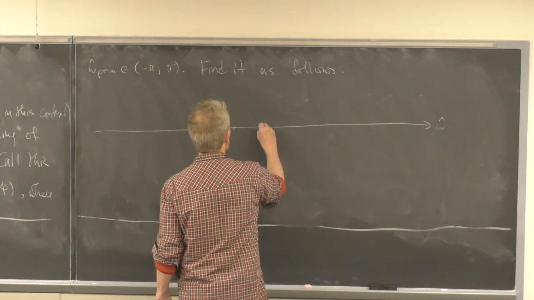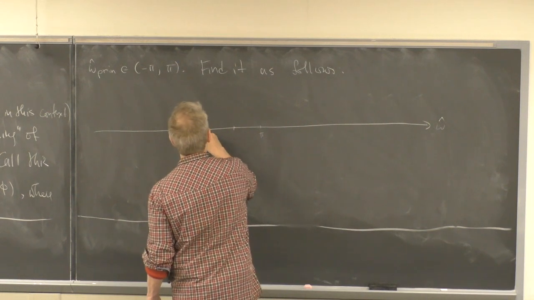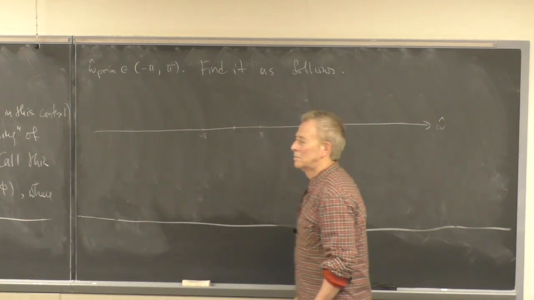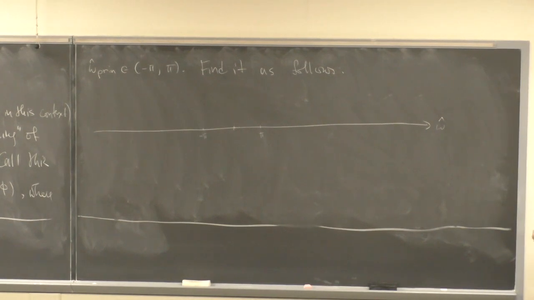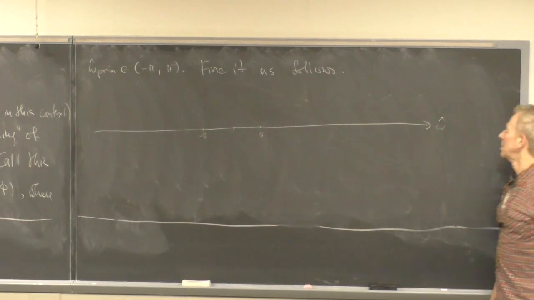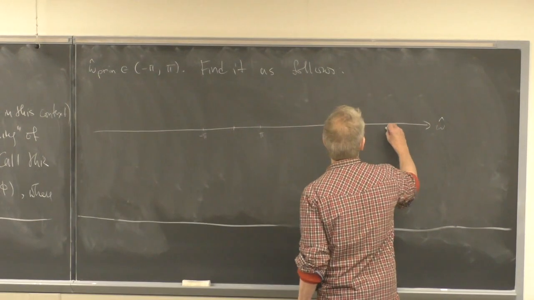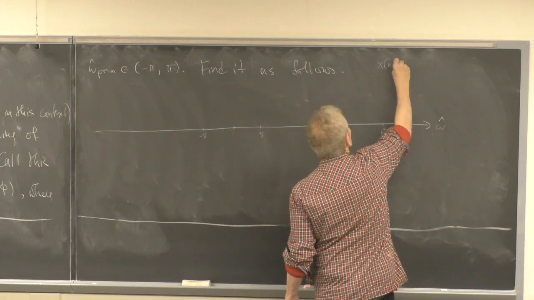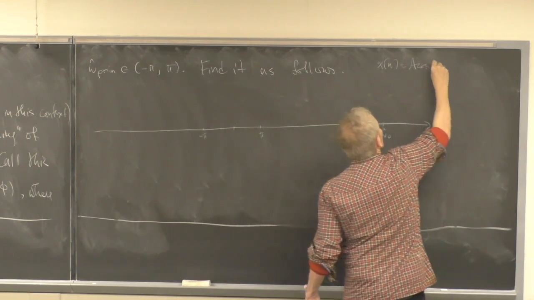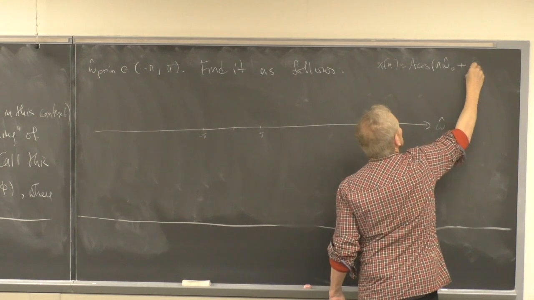And say here's pi and here's minus pi. Minus pi to pi in omega hat space turns out to be a really happening neighborhood. And we're going to spend most of our time there. But omega 0 hat is going to be out here, say, omega 0 hat. So we're looking at x of n equals a cosine n omega 0 hat plus phi.